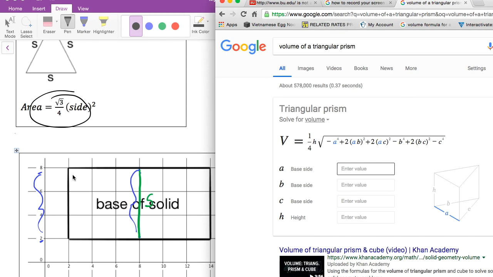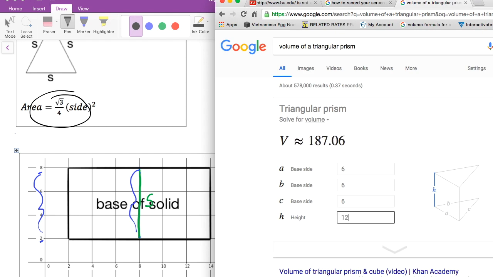So the base of the triangle in this case is 6. I'm gonna put 6 here, and the other side of the cross section, since it's an equilateral triangle, will also be 6, and this will also be 6. And the height would be the distance between the two bases, which is from 2 to 14, and that's 12.